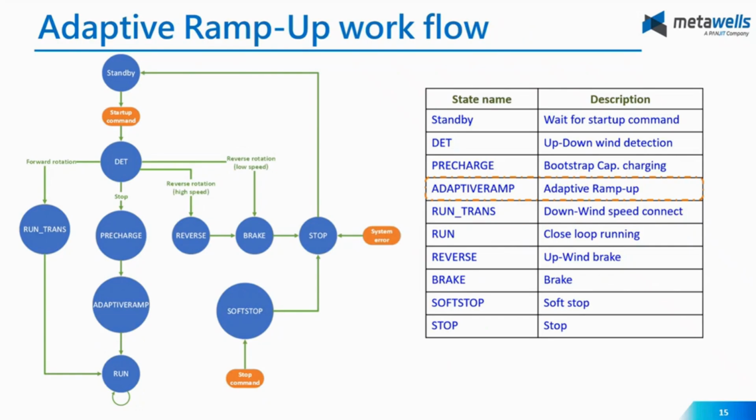In this slide, we talk about the second startup algorithm. Let's now explain the adaptive run-up workflow for fan motors, as shown in this diagram, which builds on the previous open loop workflow. The workflow is very similar to the previous one.